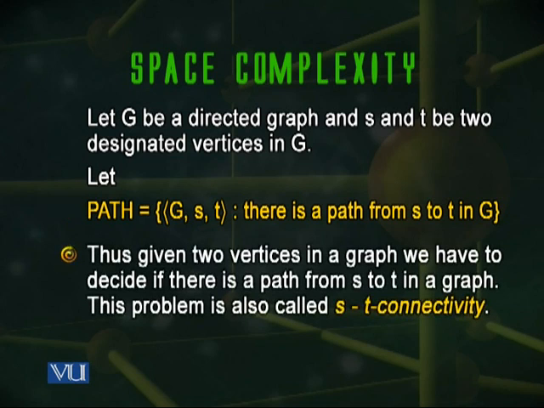Thus the computational question is, we're given two vertices in the graph and we have to decide if there is a path from the first vertex to the second one. This problem is also sometimes called ST connectivity. So it's a very, very simple problem.